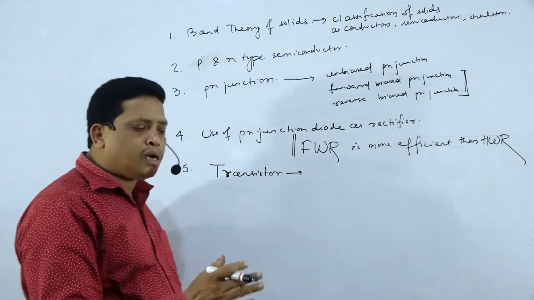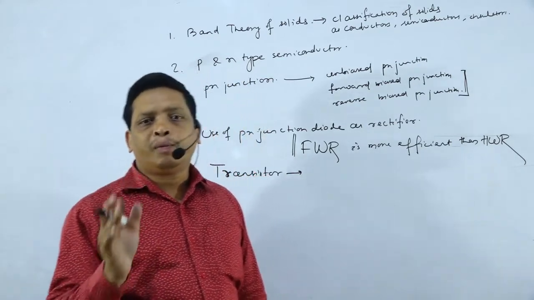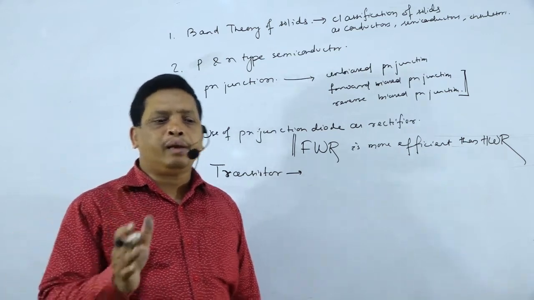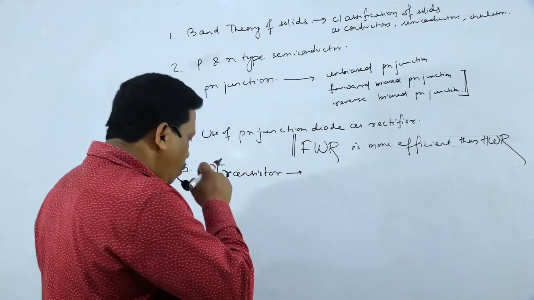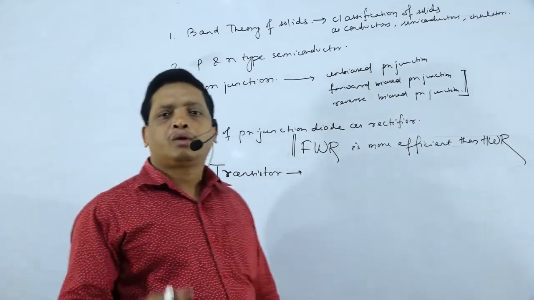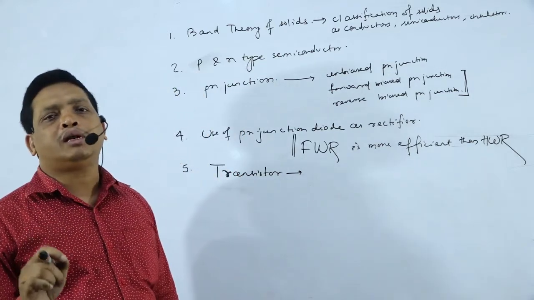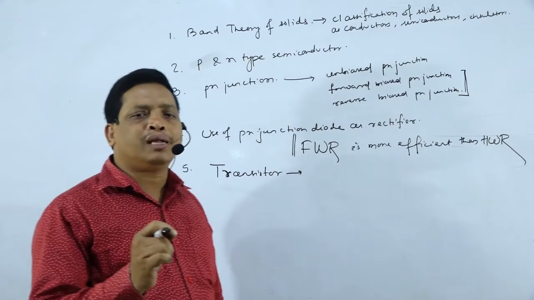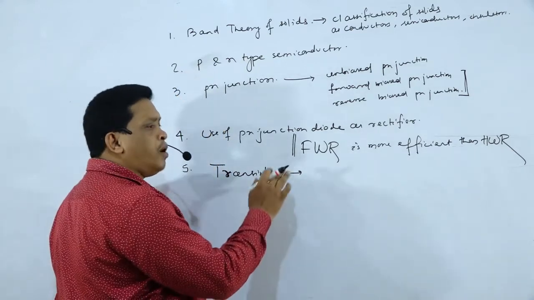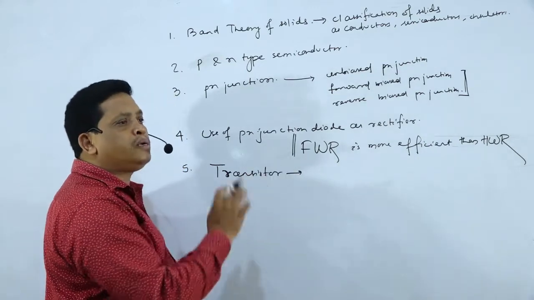In the transistor, there are two PN junctions, one input PN junction and the other an output PN junction. Usually the input PN junction is the emitter base PN junction, and the output PN junction is the collector base PN junction. The input PN junction is forward biased while the output PN junction is reverse biased. So we discussed the working of PNP and NPN transistor.